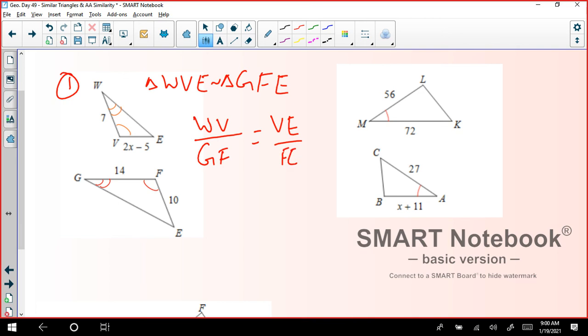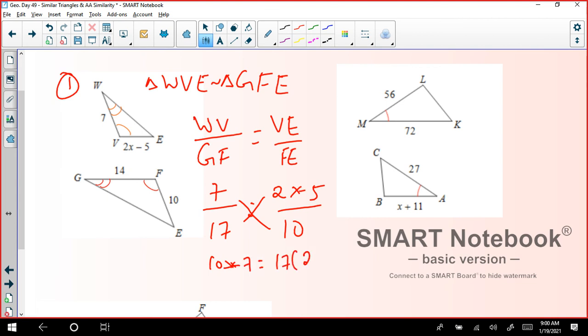Let's substitute what we have. WV was 7 and GF was 17. VE was 2x minus 5 and FE was 10. Okay, let's further cross multiply. So 10 times 7 equals 17 times 2x minus 5.